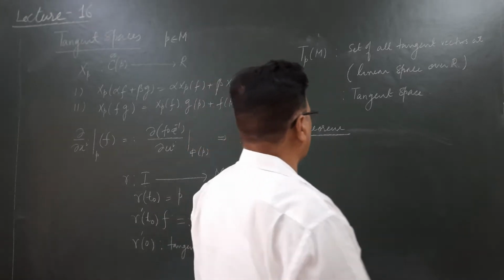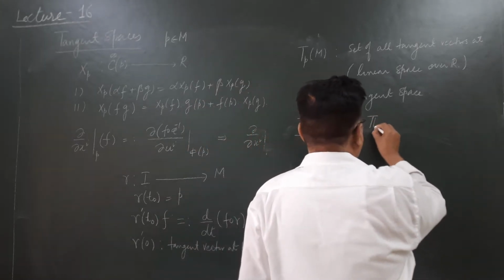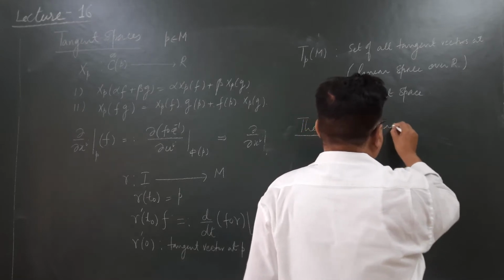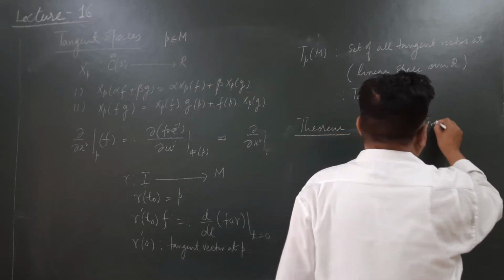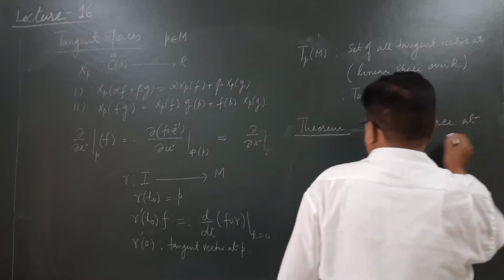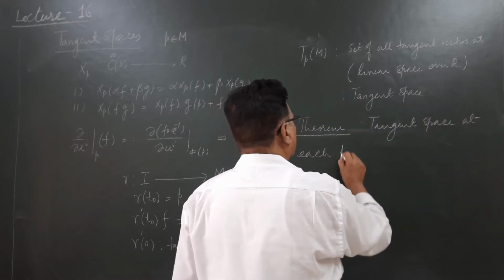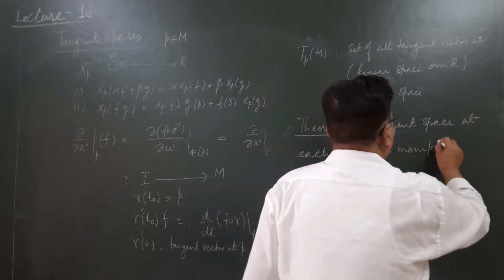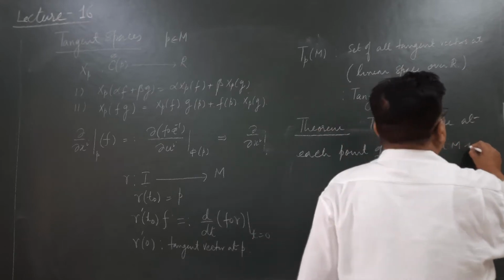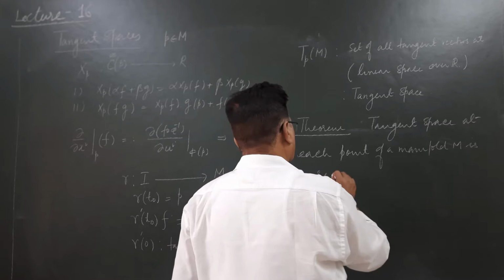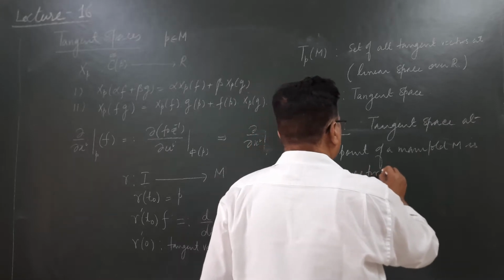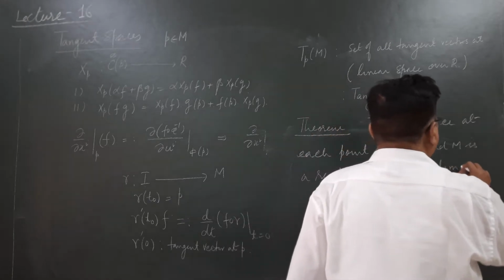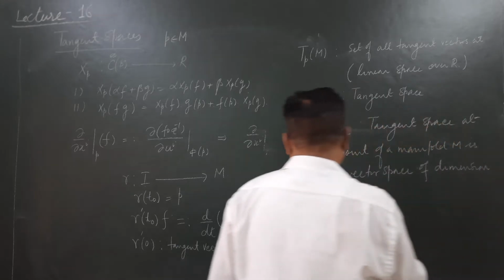So my theorem is that the tangent space at each point of a manifold M is a real vector space of dimension n.